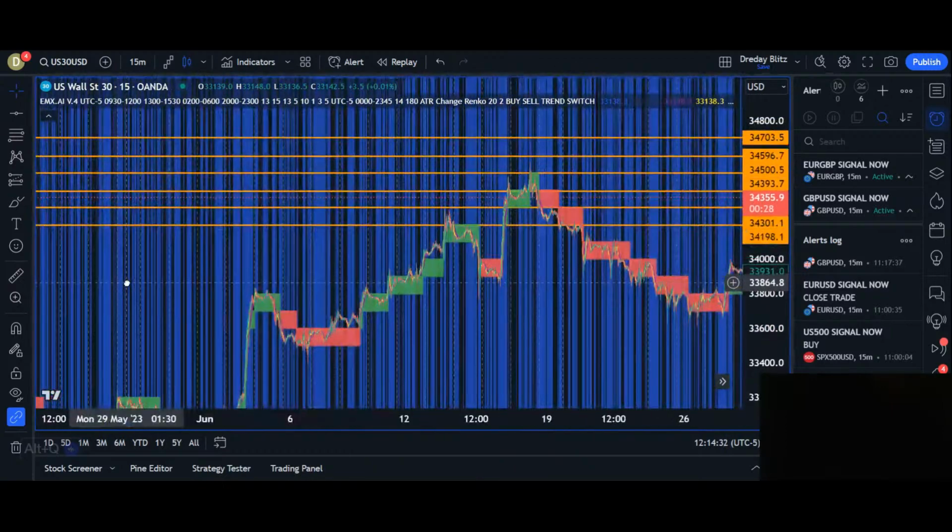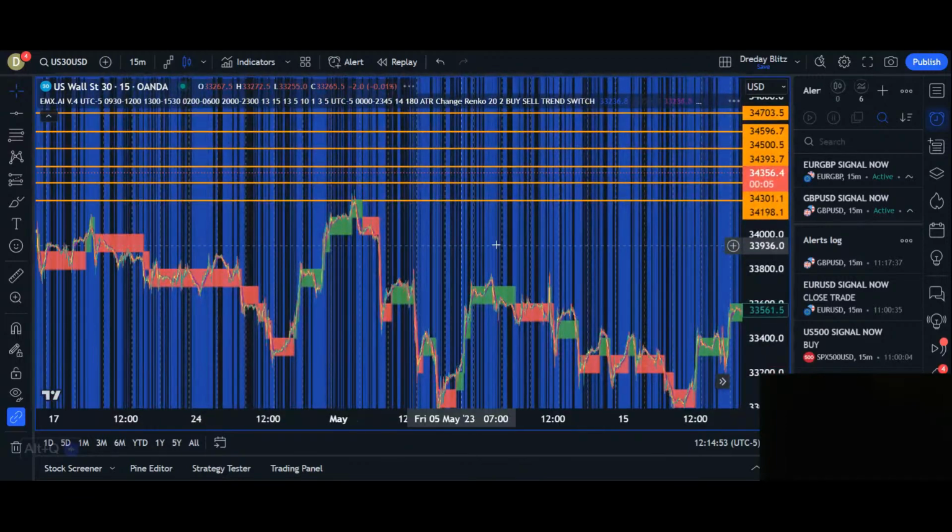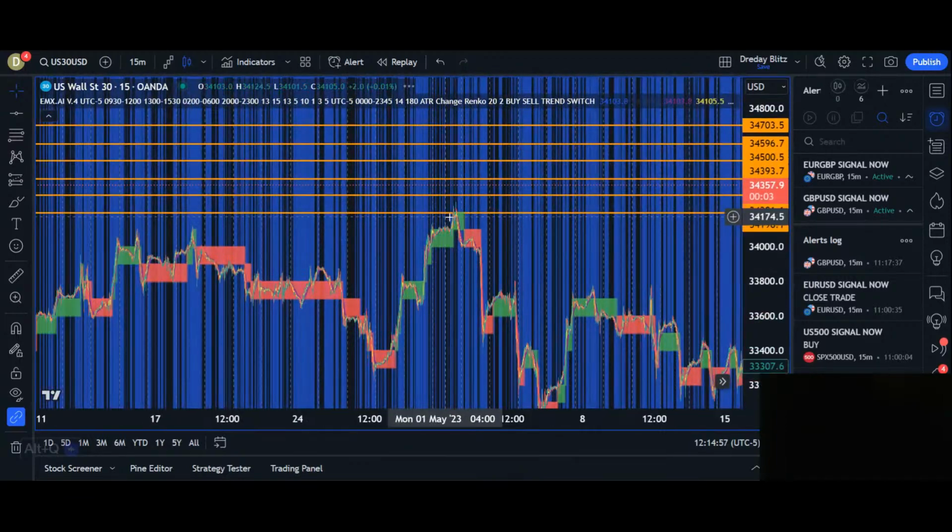That was in June. You see, on the 15th of June 2023, the price went in the same region as what we're at right now. So that was a previous top.